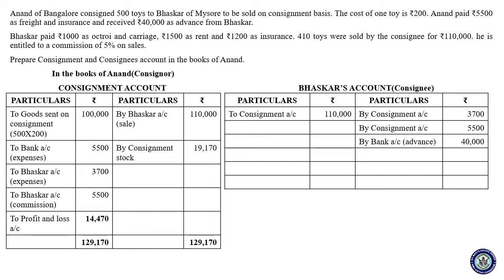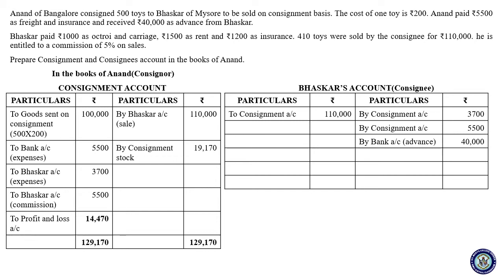Now who has to bear the loss? That is the expenses. It is just because Anand consigned the goods. It is just because of Anand's agreement, that is consignment, that the expenses were incurred. That is why it should be borne by the consignor, because the consignee is selling the goods on behalf of the consignor.